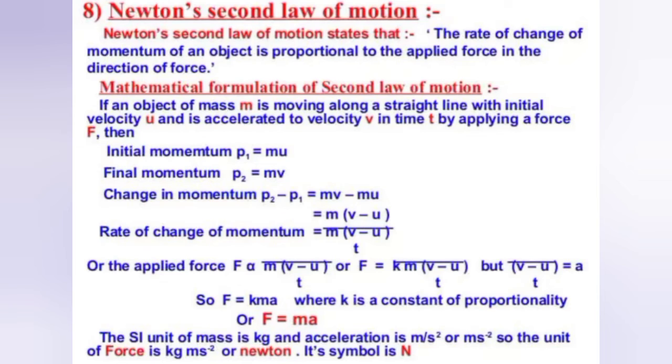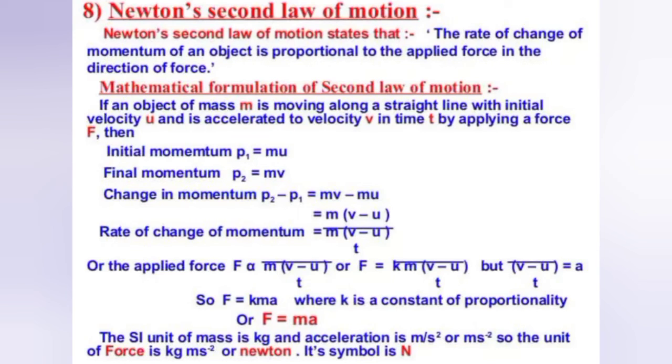The quantity k is a constant of proportionality, and so 1 unit of force is defined. So the value of k is equal to 1. So we can write F is equal to ma, and we can say that 1 unit of force is defined as the amount of force that produces an acceleration of 1 meter per second squared on an object of 1 kg mass.